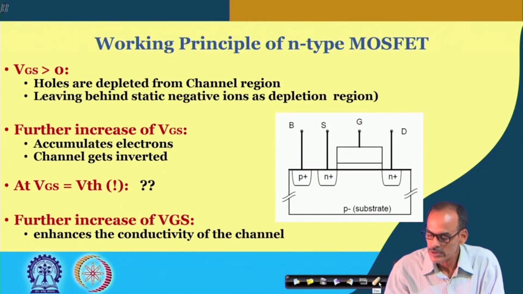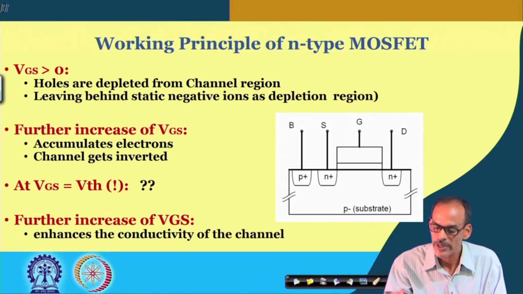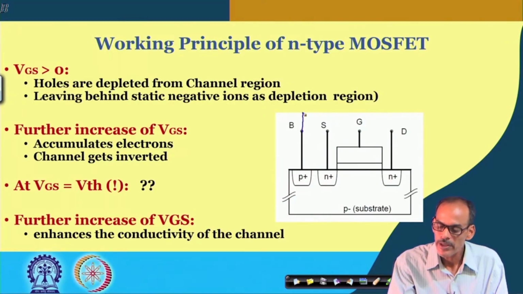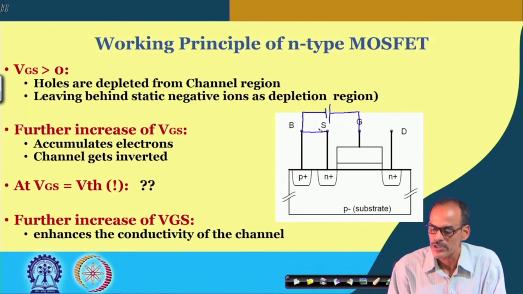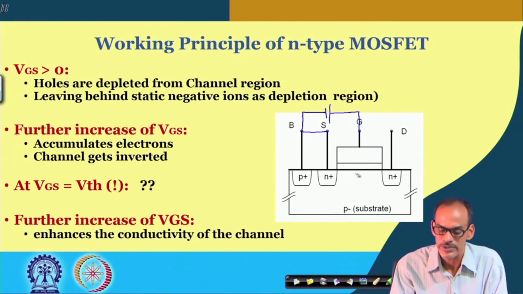Coming back to the basic device structure, let us also keep meaningful bias here. If we apply a voltage here at the gate with respect to the substrate, and let us consider that this is also at the same potential, and try to see what kind of things are happening in this region.